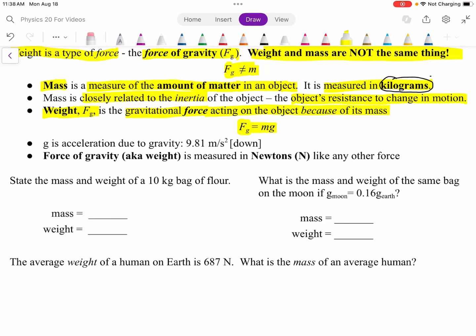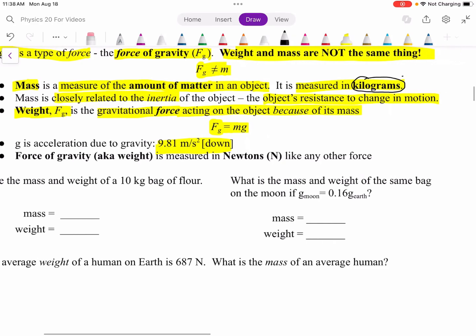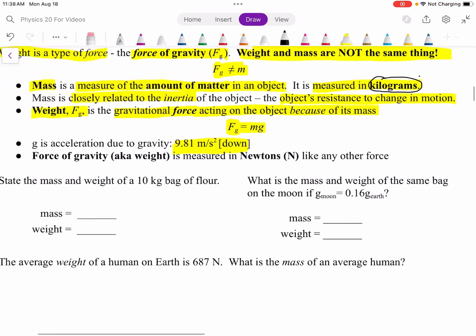That's just good old 9.81 as long as we're on Earth, right? 9.81 meters per second squared towards the Earth, or down. Okay, the reason we introduce a new symbol for acceleration due to gravity here, instead of just calling it another a, is honestly just because we use it so much and it's kind of a specific thing. So we're always just going to call acceleration due to gravity g. It's still an acceleration.